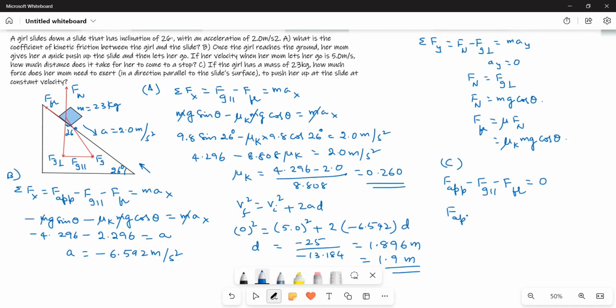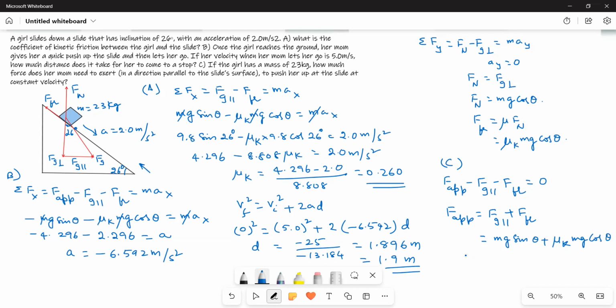Therefore, F applied is equal to Fg parallel plus F friction. Fg parallel is equal to mg sine theta. So mg sine theta plus mu k mg cos theta.